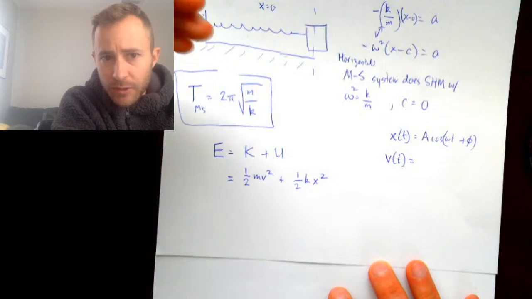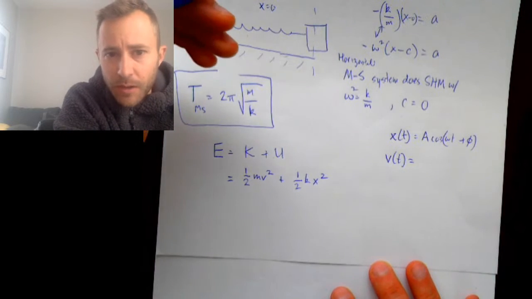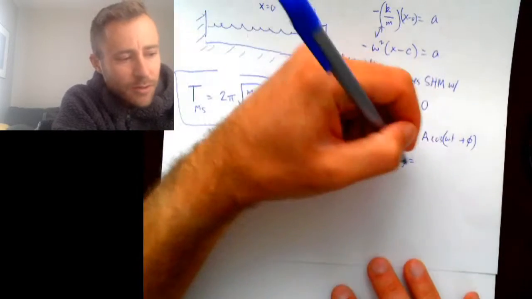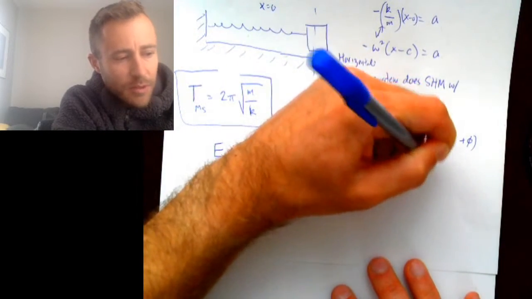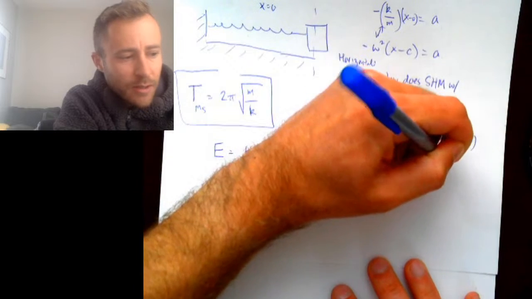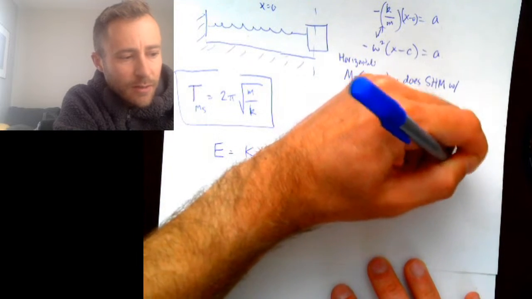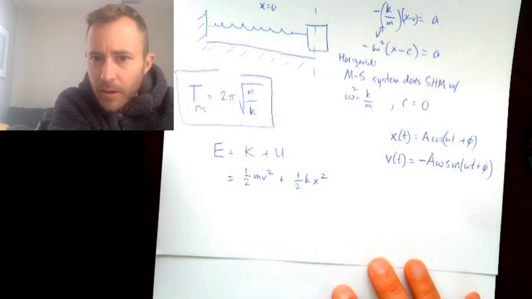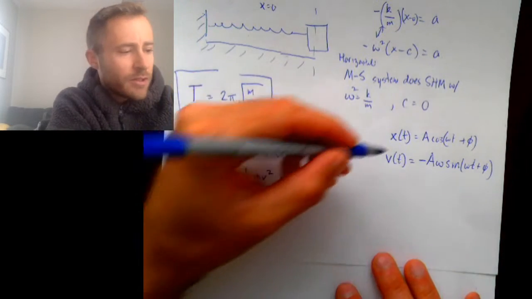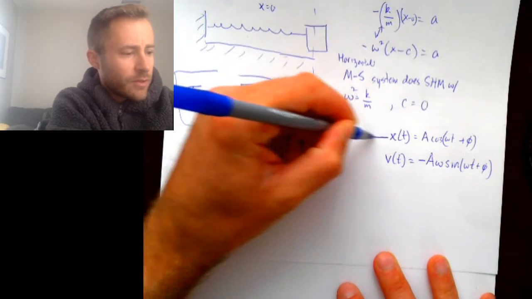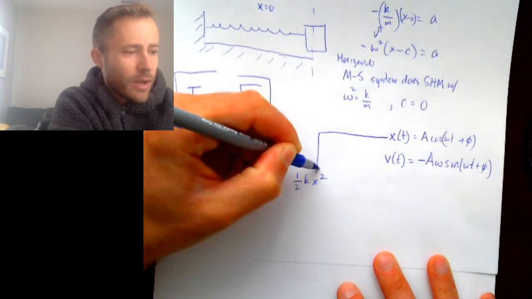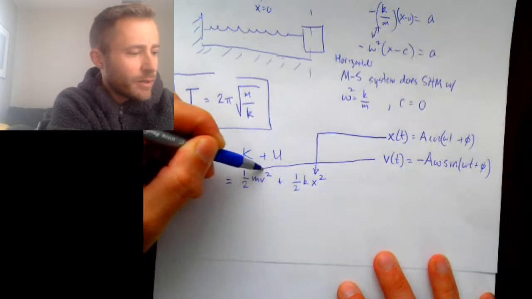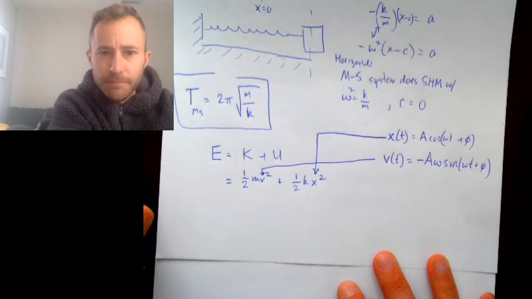I've already done this derivation before, so I'm not going to spend too much time on it, but the answer is minus a omega sine of omega t plus phi. So I'm going to take this and plug it in for x, and I'm going to take this and plug it in for velocity.